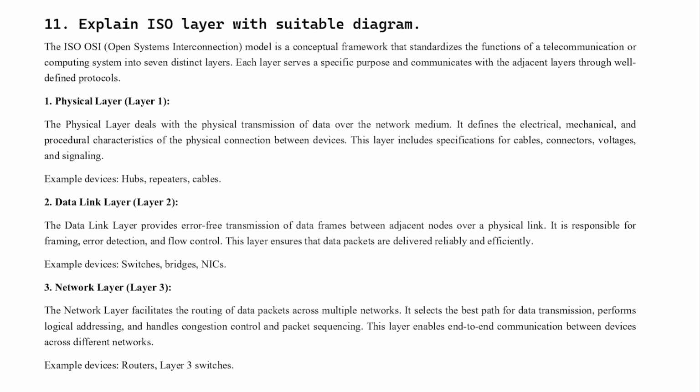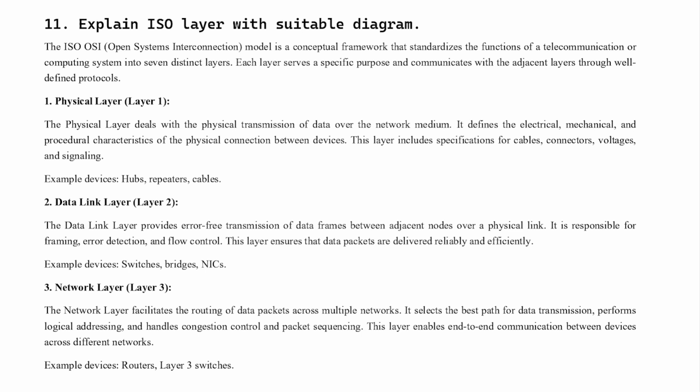2. Data link layer, Layer 2. The data link layer provides error-free transmission of data frames between adjacent nodes over a physical link. It is responsible for framing, error detection, and flow control. This layer ensures that data packets are delivered reliably and efficiently. Example devices: switches, bridges, NICs. 3.